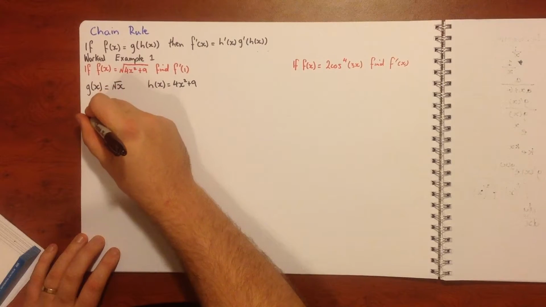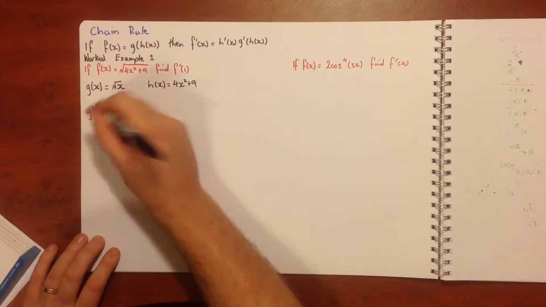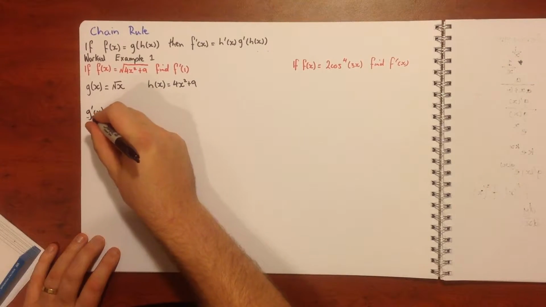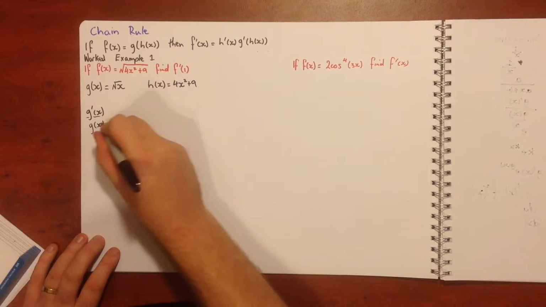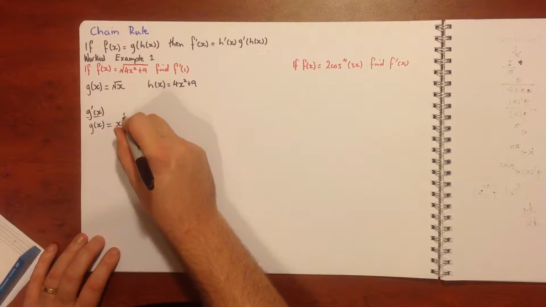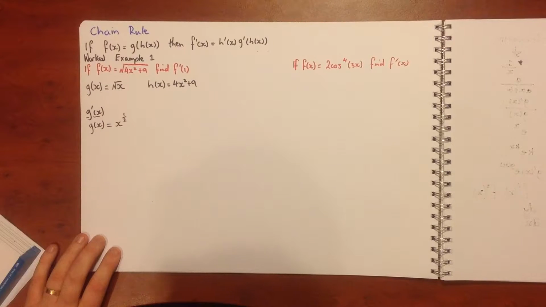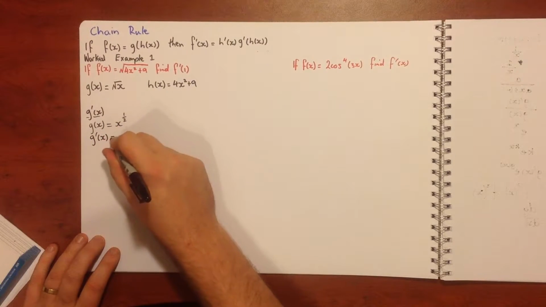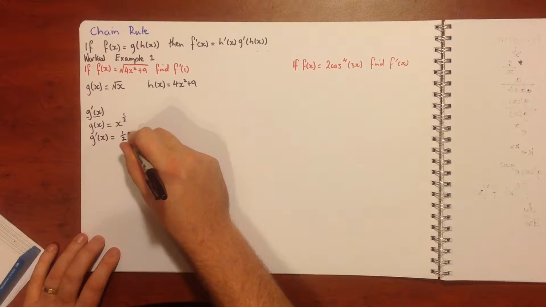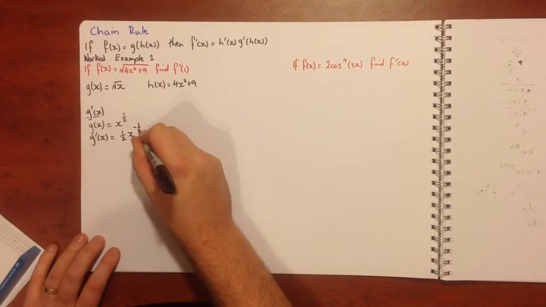To work out g dash of x, the first thing we need to do is rewrite g of x as x to the power of a half, since square root is the same as the power of a half. Then we can say that g dash of x is equal to a half x to the negative a half.